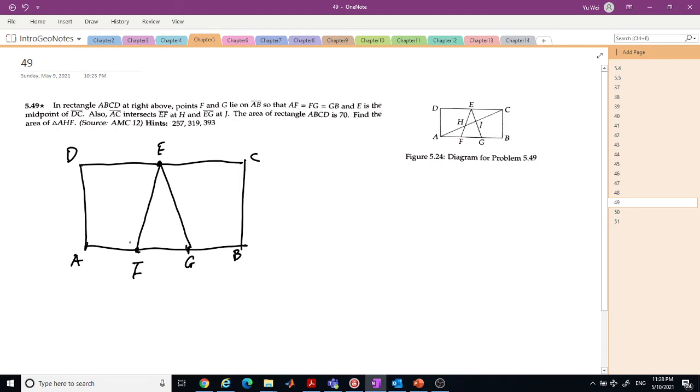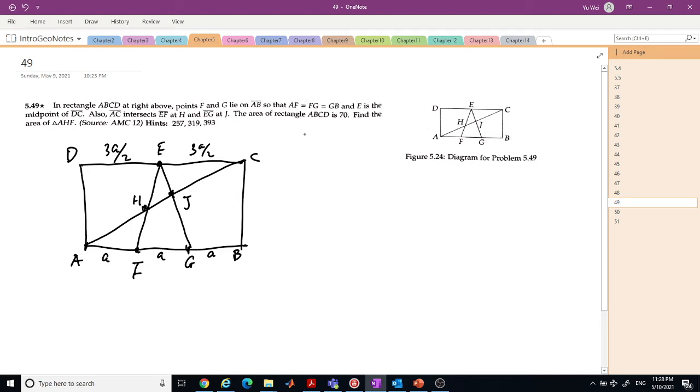If this is A, then this is 3A over 2 and 3A over 2. Then you have this one intersect at H, and J.